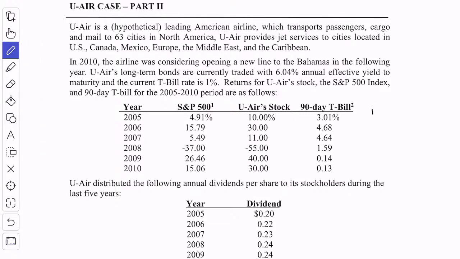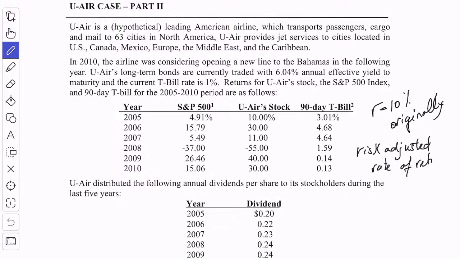We use a discount rate of 10% to evaluate the UR case. But we want to now include the information on financial returns to get a risk adjusted rate of return. So that is going to be the focus of the next few classes, how we do this.